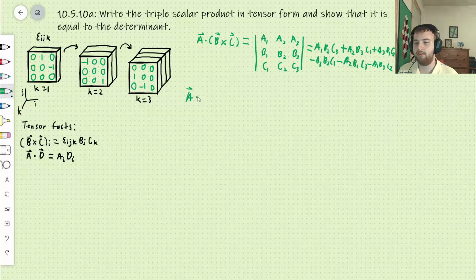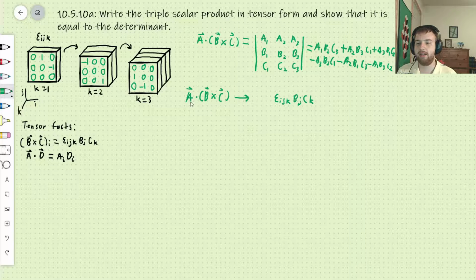A vector, B vector, C vector. Putting it into tensor notation, for B and C we get that it equals this special tensor e_ijk b_j c_k.